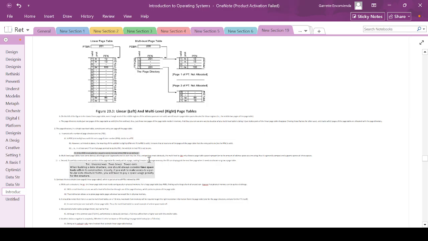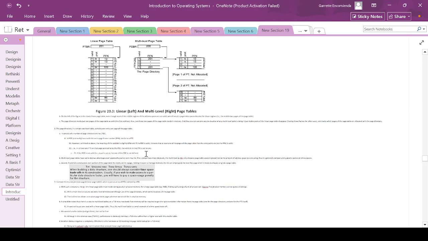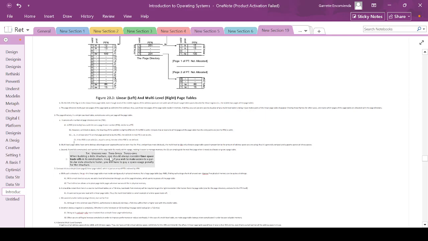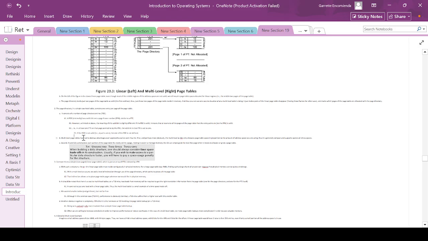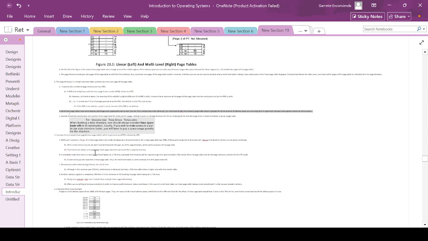So if the PDE is not valid, equal to 0, the rest of the PDE is not defined, or not allocated. That's the high level overview. How do we create that in code? We will discuss that later.